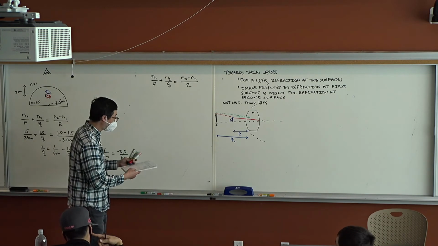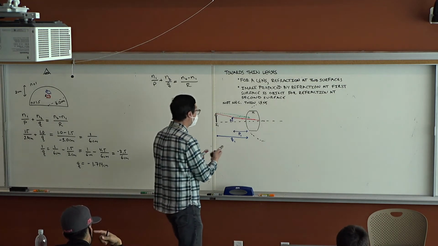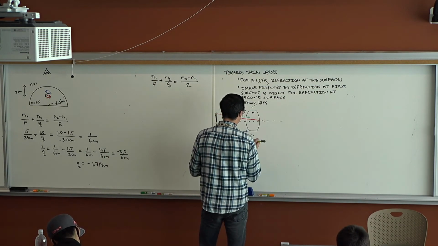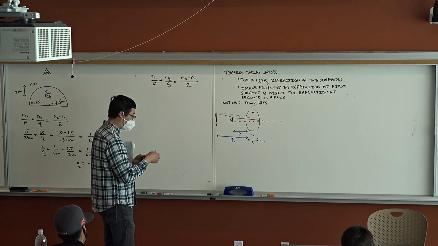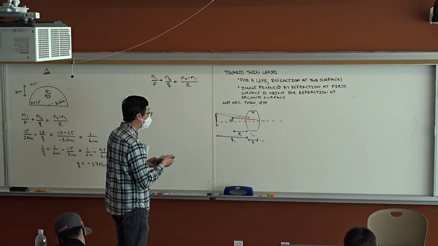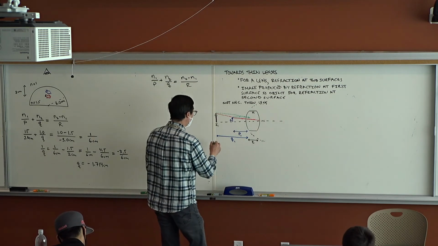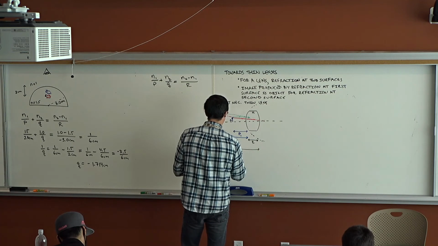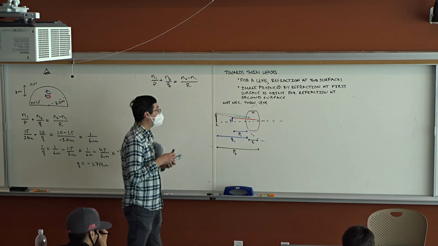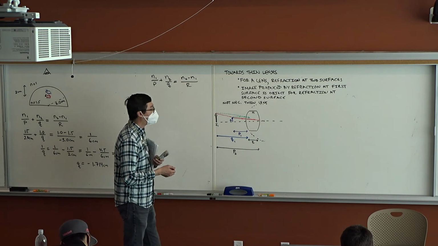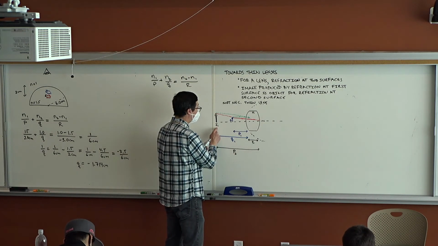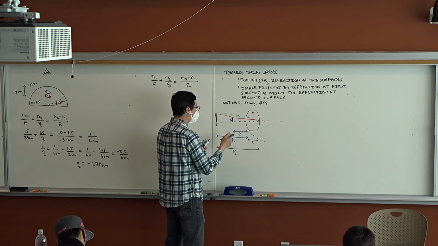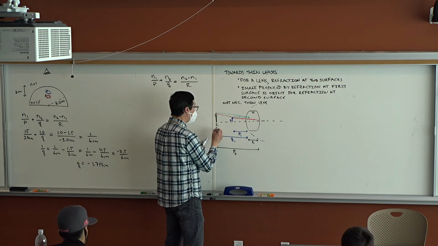So there is the thickness of our lens. If I wanted to carry this forward, I would say that I1 serves as object 2.